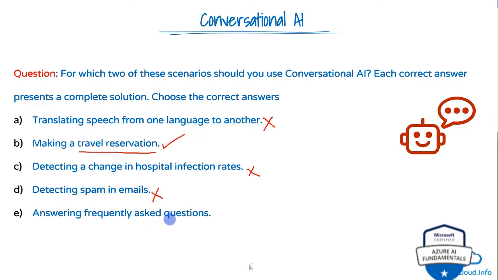So conversational AI, with the use of NLP, can find the most appropriate answer from those question and answer pairs and provide the answer back to the human. And as I said, this is one of the common uses of conversational AI. So these are the two right answers: travel reservation and frequently asked questions.